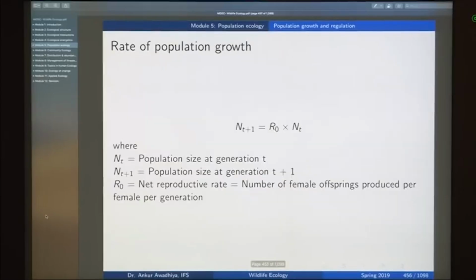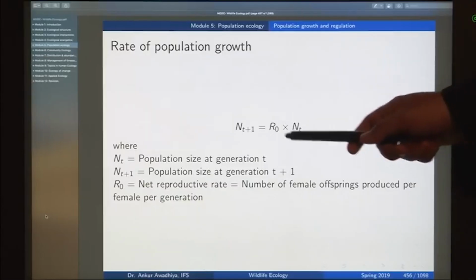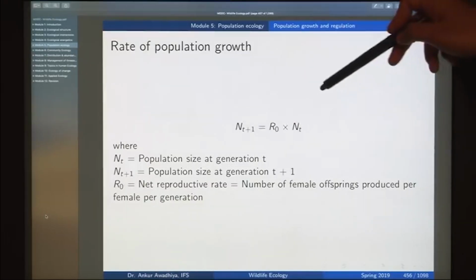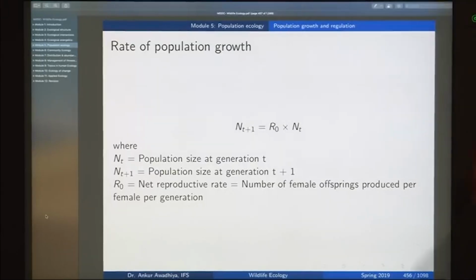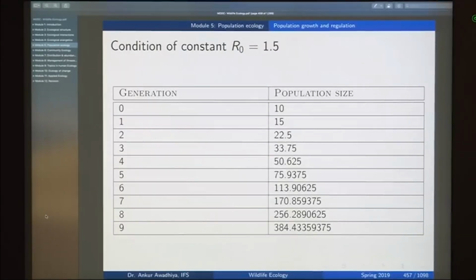Then we had a look at the rate of population growth, and here we said that the population size at generation t plus 1 will be equal to the population size in generation t multiplied by a growth rate of the population. So, in this case we can have a curve that is exponential.